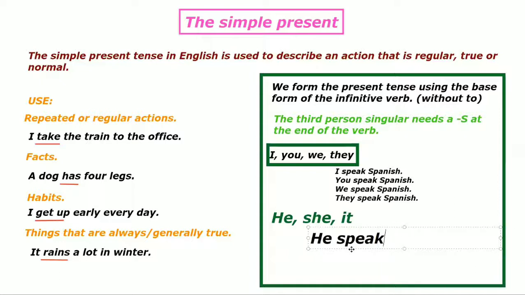Okay, so we add an S. Let's write this first, and then we add the S in here. So the sentence would be, he speaks Spanish. Let's repeat. He speaks Spanish. Great, very good. It's the same with she. So we would say, she speaks Spanish.